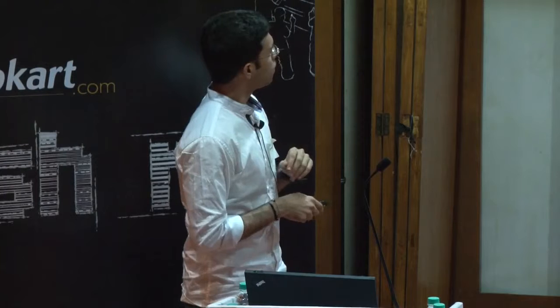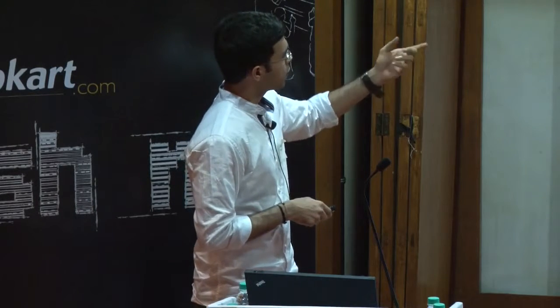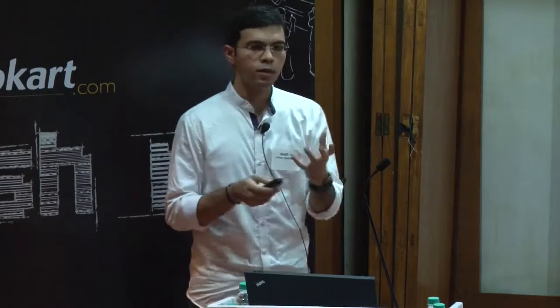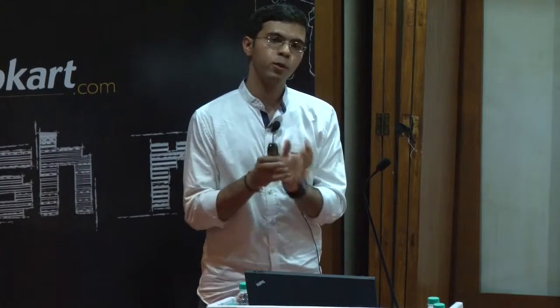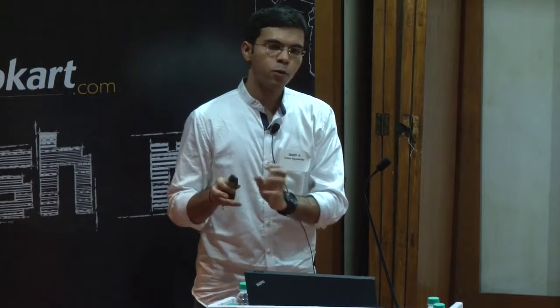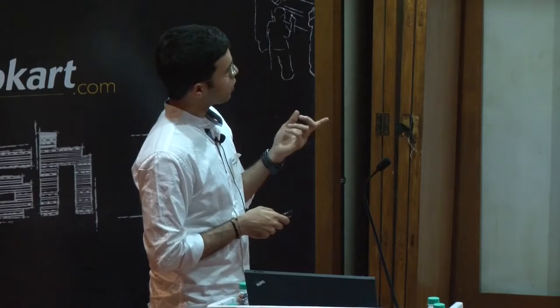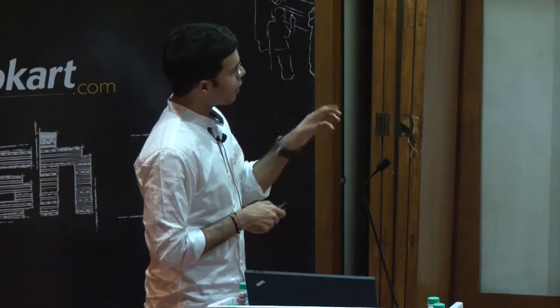Now I need to mention some numbers, because unless they are mentioned, you can't know whether this approach is scalable or not. You can do this on a small set of data, but at Flipkart scale it has to be scalable. This approach currently generates about 1 billion item sets.